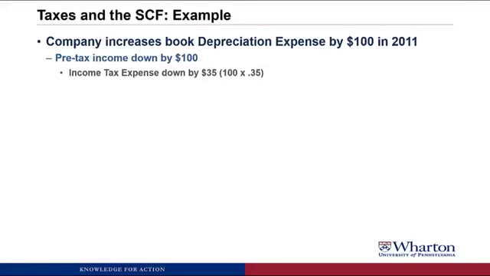That'll mean that income tax expense goes down by 35, because if pre-tax income goes down by 100, income tax expense goes down by 35% of that. And net income will go down by $65. So that's the $100 pre-tax income reduction minus a $35 reduction in income tax expense. Net income only goes down by 65.